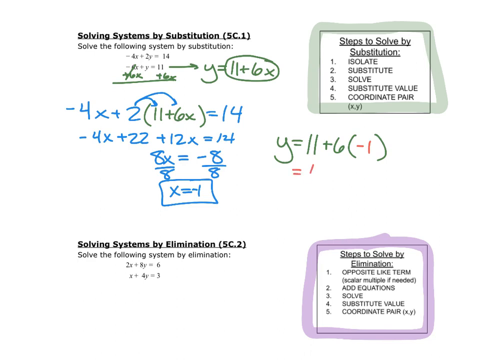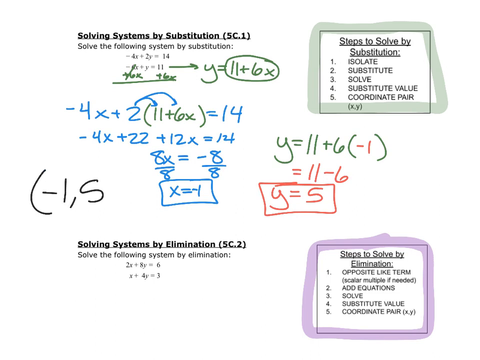Well, 11 plus 6 times negative 1 is like 11 minus 6, which is 5. So I know that my y is 5, which means my final answer, my solution to this system, is negative 1 comma 5. I can take this x and y value and plug them back into the equations so that I can make sure that they give me true statements, which means it's a solution.